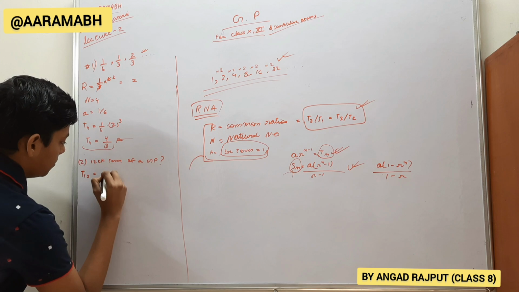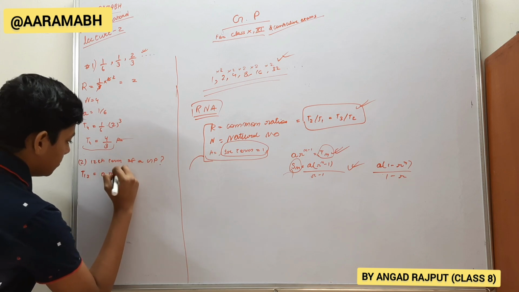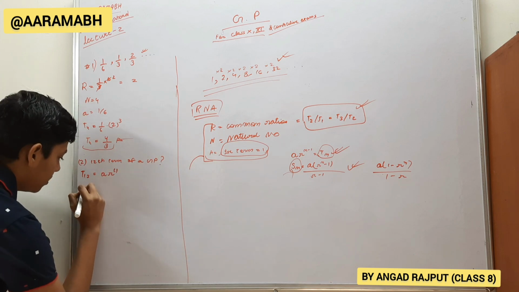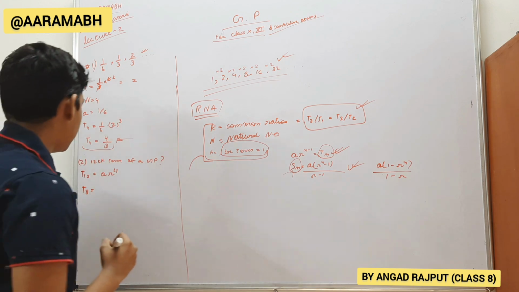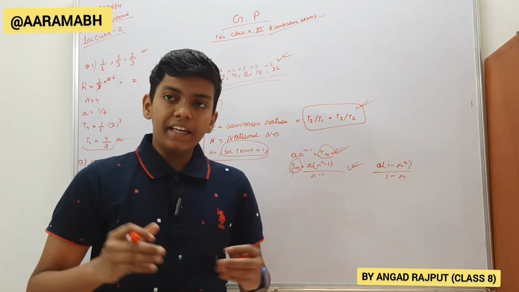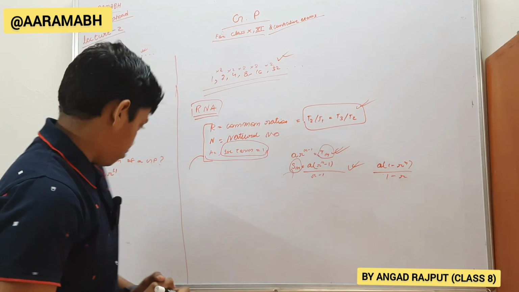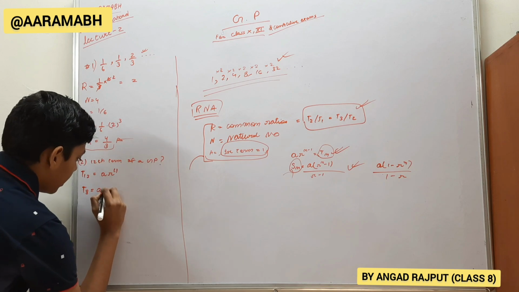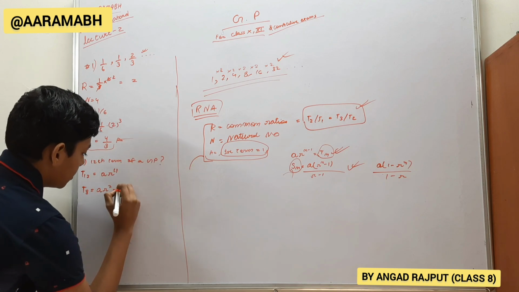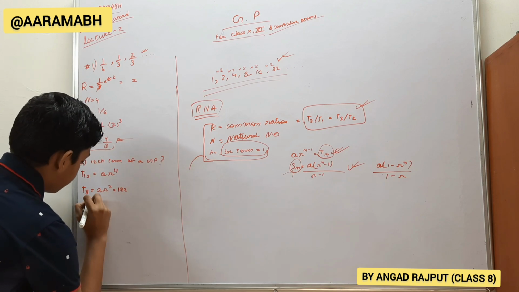First of all, T12 is a r to the power 11. Then we have been given additional information that T8, term number 8, is 192, which means a r to the power 7 is equal to 192.